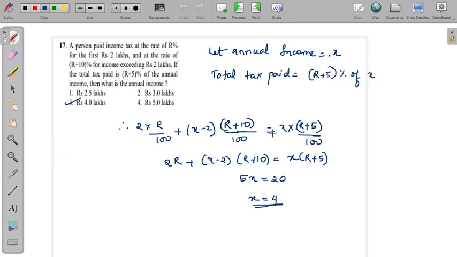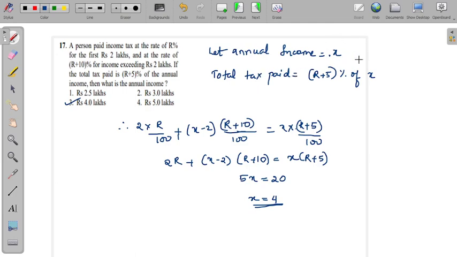So we have here total tax is R plus 5 by 100 of the annual income, which is equal to, for the first 2 lakhs it is R%, for the remaining amount it is R plus 10%. So 2 into R by 100 plus, yeah, the annual income is X, so X minus 2 is the remaining money after the first 2 lakhs.